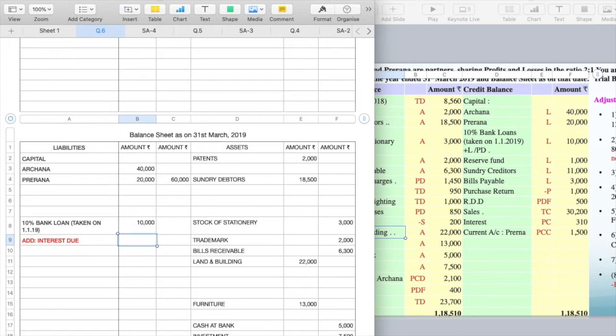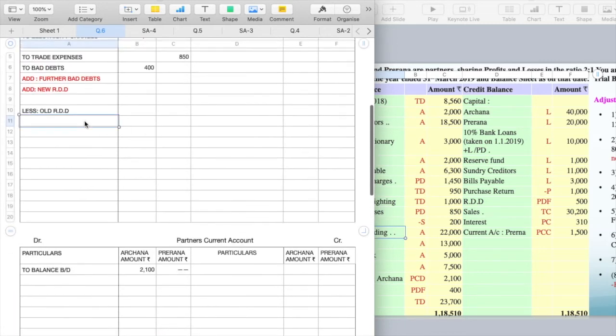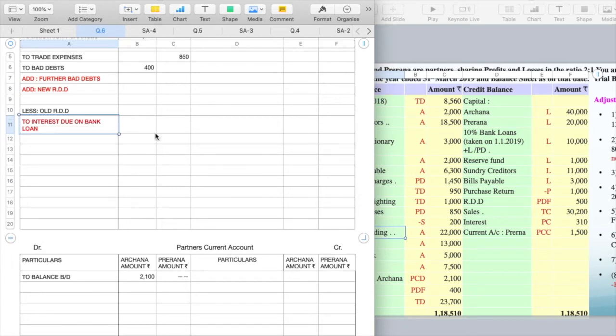So for 6 months it will be 500, and for 3 months it will be 250. So 250 is the value of interest. So in the outer column you have to mention 10,250 together. Then the second effect will go to profit and loss account debit side, interest due on bank loan. As no interest was given, we will just write directly in the outer column 250.